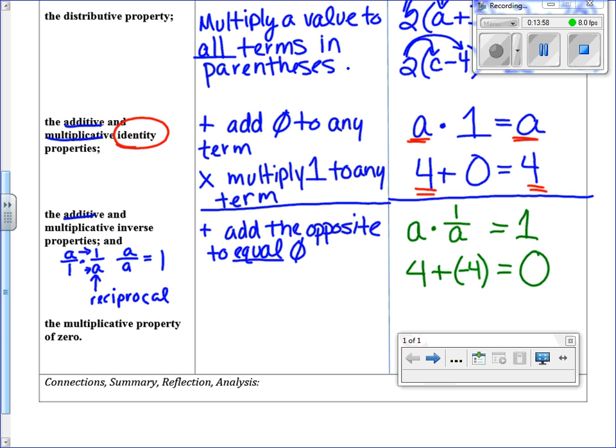All right, that's what we want to equal 0 when we're adding the opposite. For multiplication, or multiplicative inverse, we want to multiply by the reciprocal to equal 1.